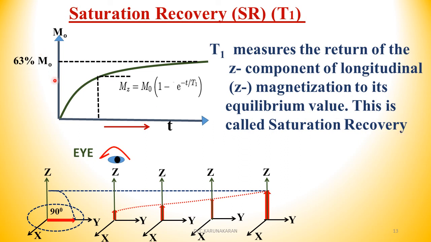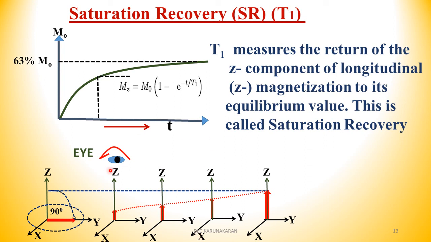Let us see now. Immediately after applying the pi by 2 pulse, there is no magnetization along the Z axis. This is Mz, and there is no magnetization at time t equal to 0. With increasing time, there is a return of the Z component. The Z component in the individual nuclei returns to the equilibrium position.